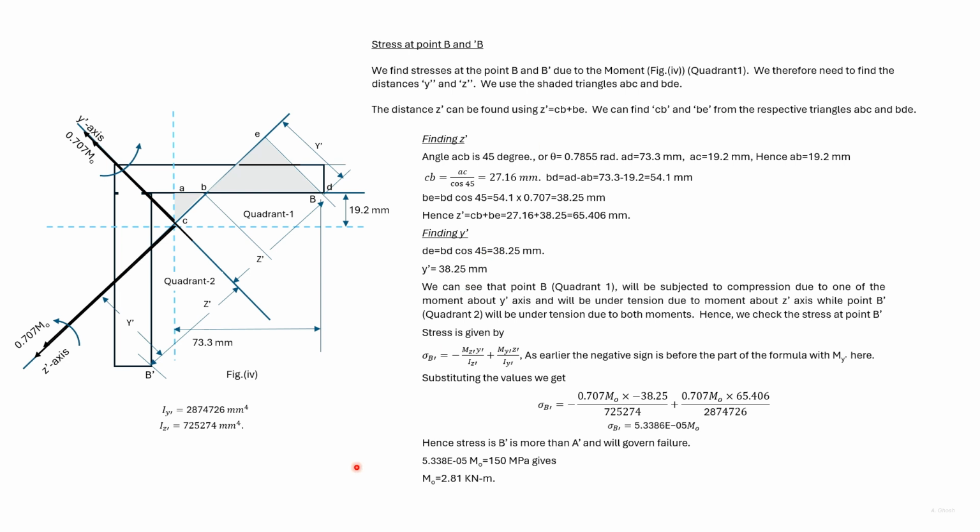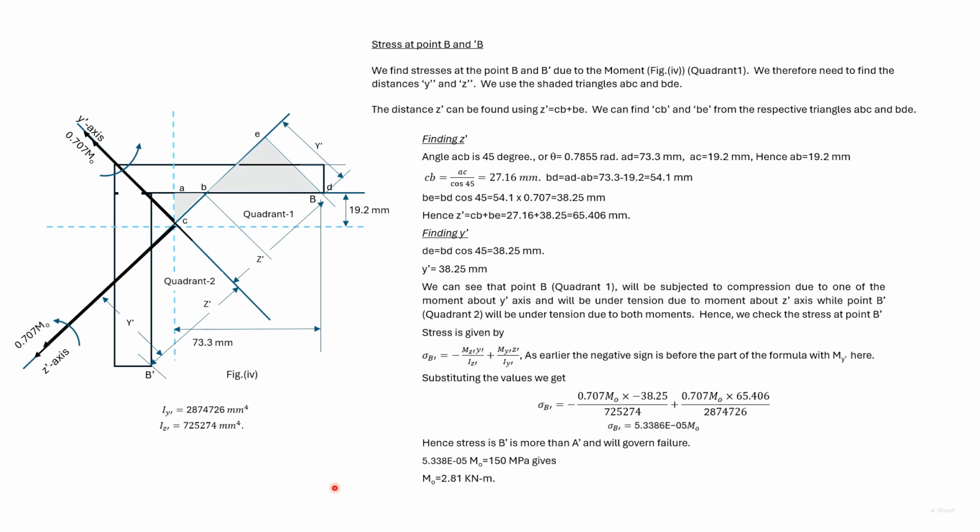In contrast, due to the moment about the z-dash axis, the stress at A dash is tensile. And also due to the moment about the y-dash axis, the stress at A dash is tensile. So we find out the stress at A dash since it will have higher stress.